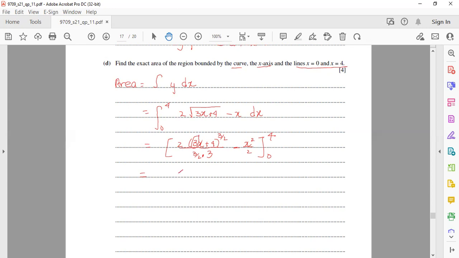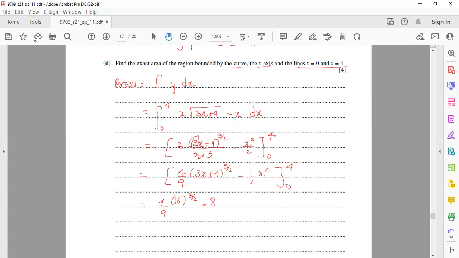Simplify, so we have 4 over 9 into (3x plus 4) to the power of 3 over 2 minus half x squared. We integrate from 0 to 4. So first we will replace the value of 4, so 4 over 9 into (3 times 4 plus 4). This gives us 16 to the power of 3 over 2 minus half times 4 squared, so minus 8.